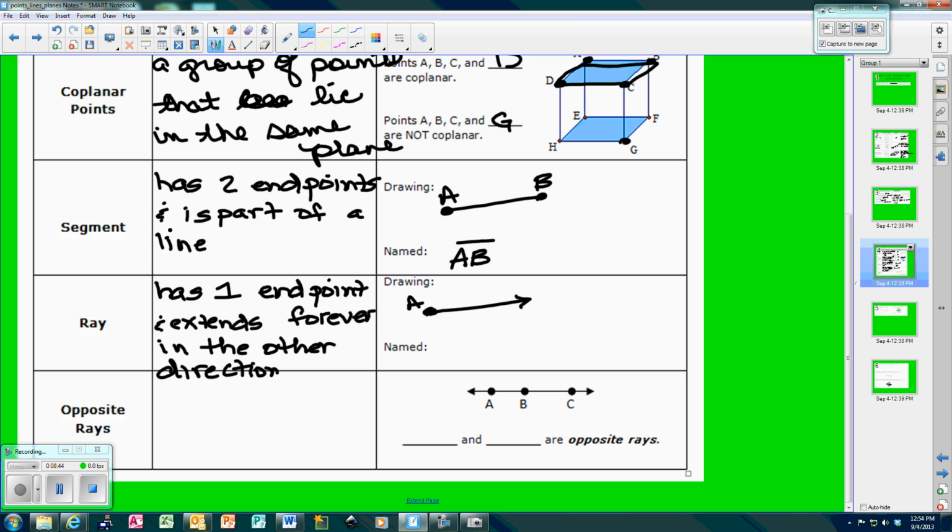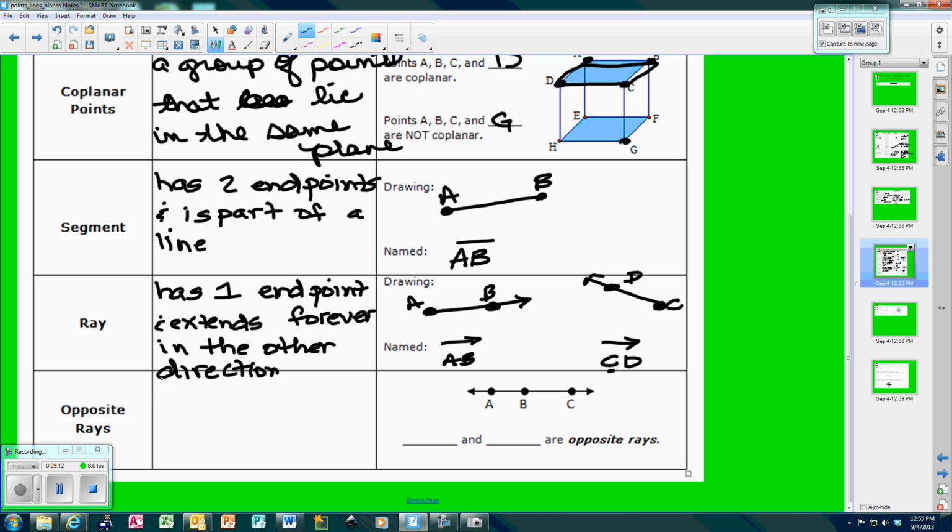So I may say this is A, and then I'll have to put a point here, B. This would be named ray AB. What if I had this one here? I could call this one CD. This one would be named ray CD. The first letter has to be the endpoint. Otherwise, you're going in the wrong direction.